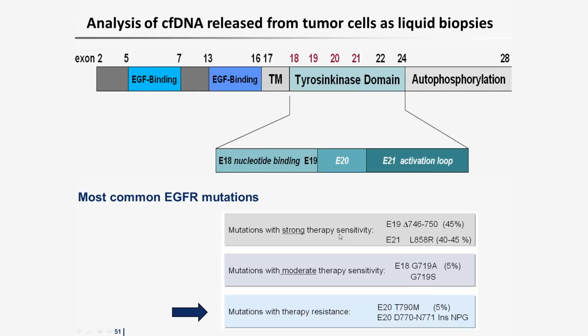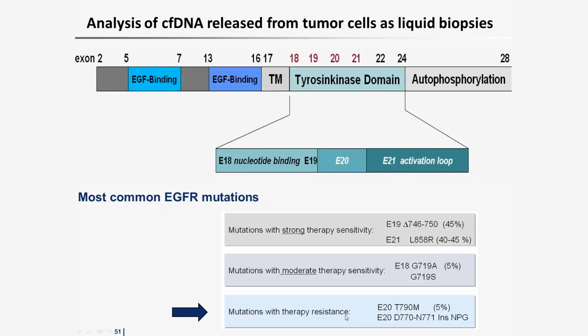So some mutations lead to more sensitivity to the therapy, such as the common deletions of exon 19 or the point mutation at position 858.